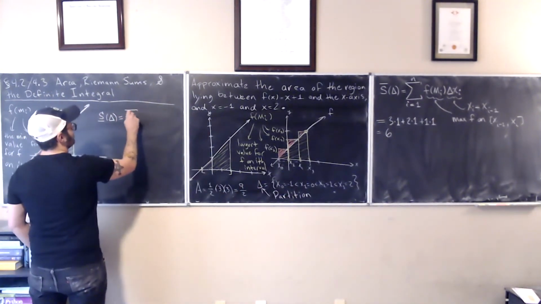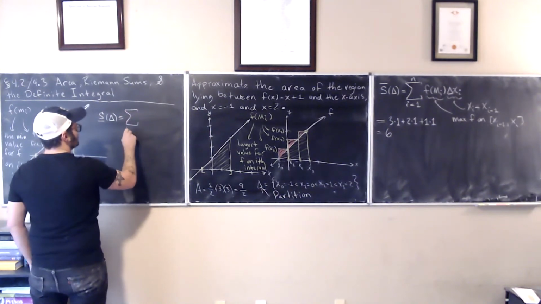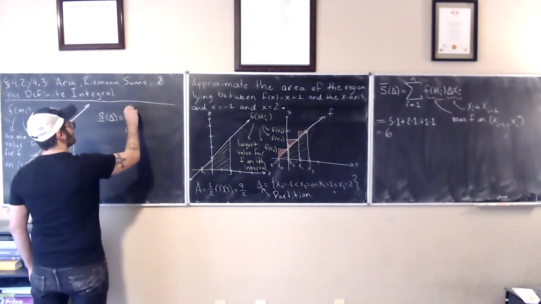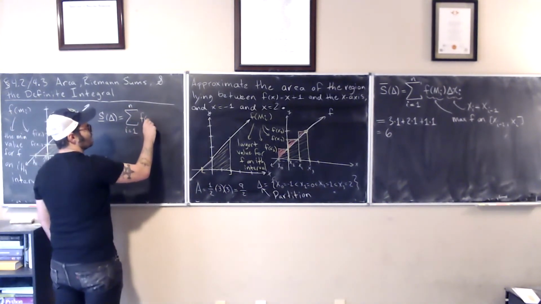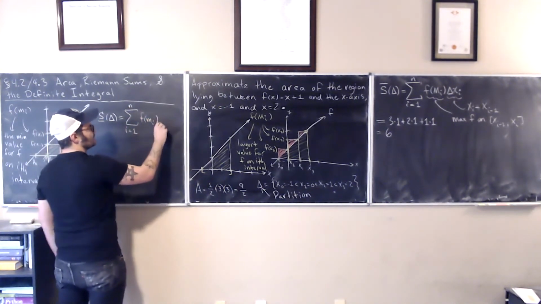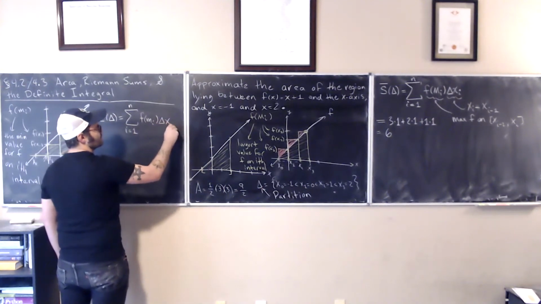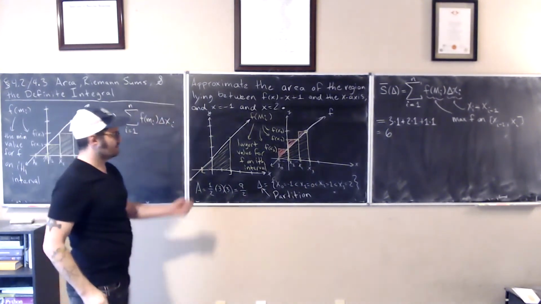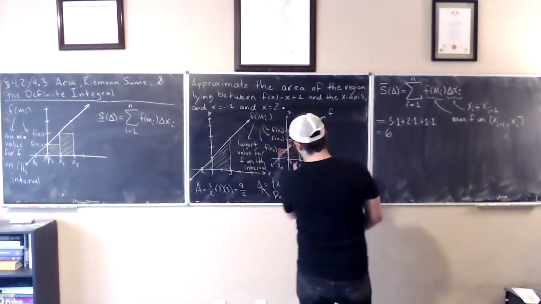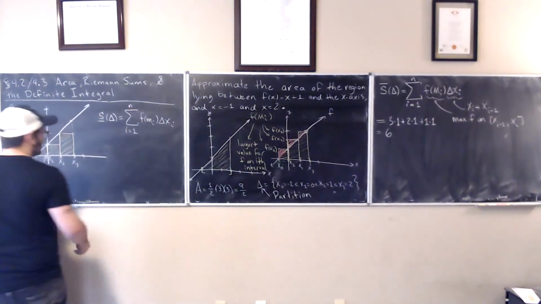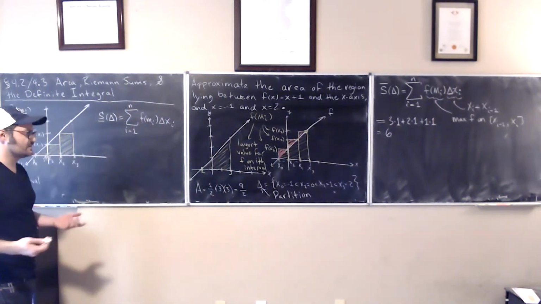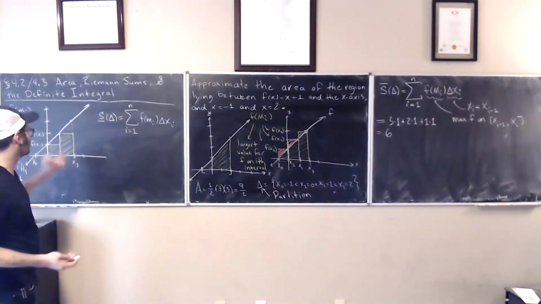This is going to be the sum, i equals 1 to n, of the minimum value on the ith interval times the width of the interval, which happens to be the case that in this partition, the widths of each of the intervals are the same. I picked it in such a way that it was easy for us to use. The widths are always going to be 1.